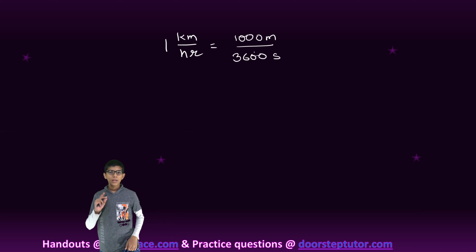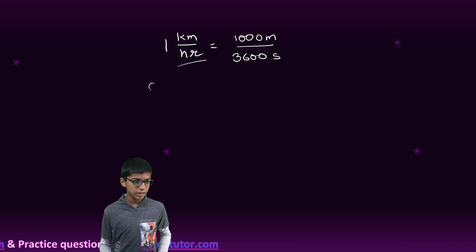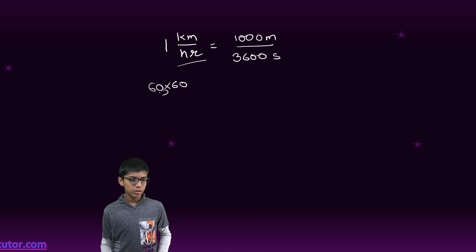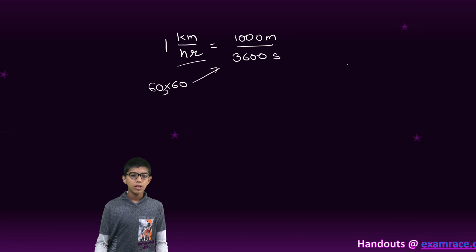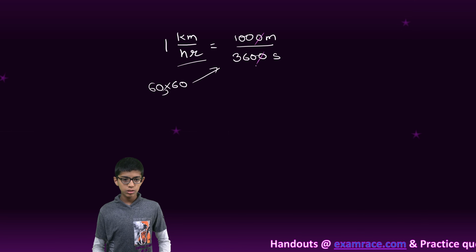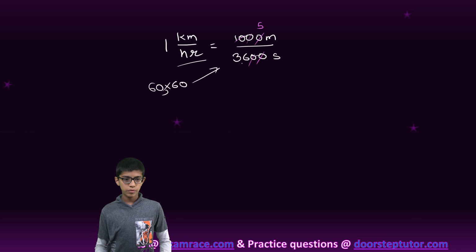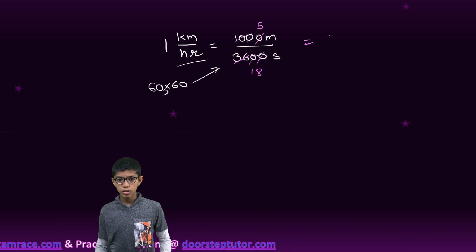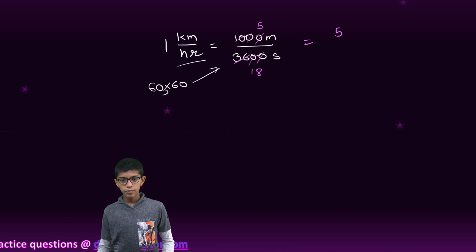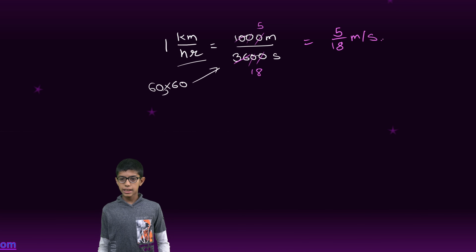How? Yes, you are correct. Because 1 hour has 60 minutes and 1 minute has 60 seconds. So 60 into 60 gives us 3600. Now cancelling zeros and dividing by 2, we get 5 by 18. So 1 kilometer per hour equals 5 by 18 meters per second.